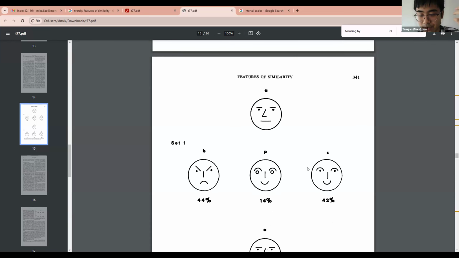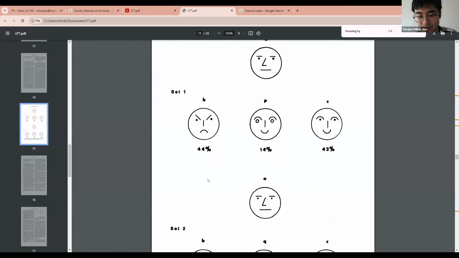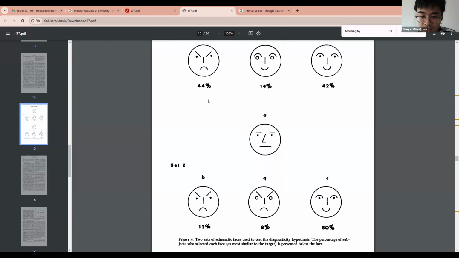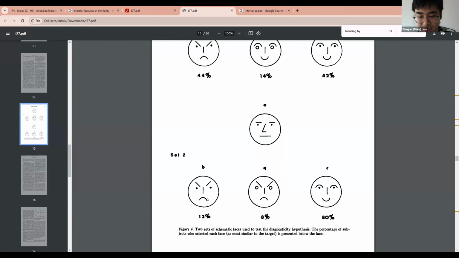We consider the 2 happy faces to be 1 cluster, and therefore it leaves the neutral face and the angry face to be in the other cluster, which boosted the dissimilarity of the angry face. But in this case, we see that the sad faces create their own cluster, and the happy face is clustered with the neutral face, and therefore the happy face is significantly boosted in terms of odds. So that's very interesting.